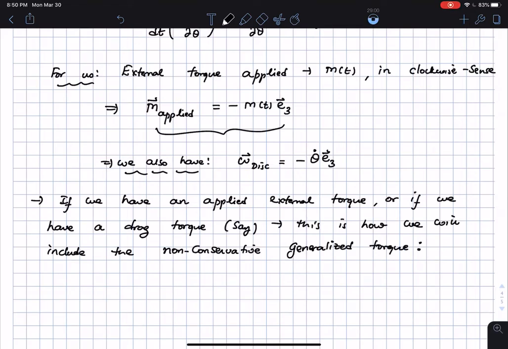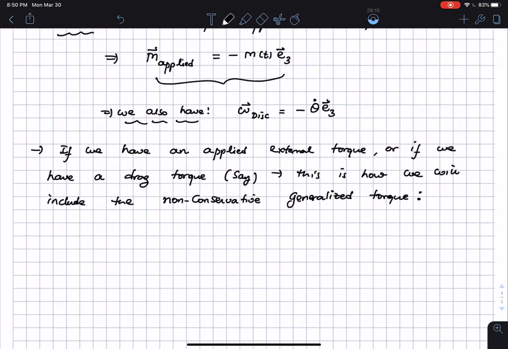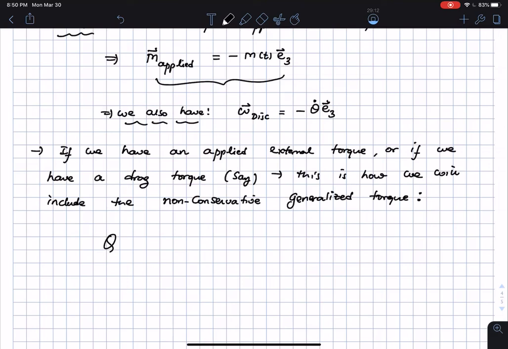When we do the next problem, I will summarize and give you a much more general equation that takes care of non-conservative forces, non-conservative torques, and so on. So for this case, we're going to have Q J non-conservative torque.